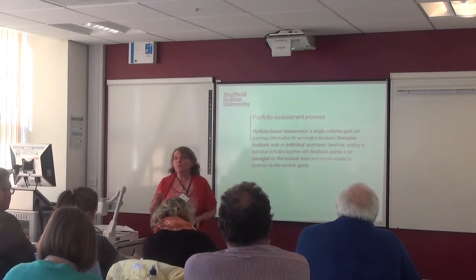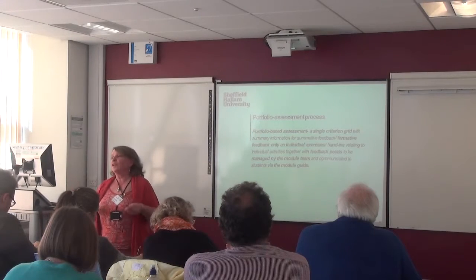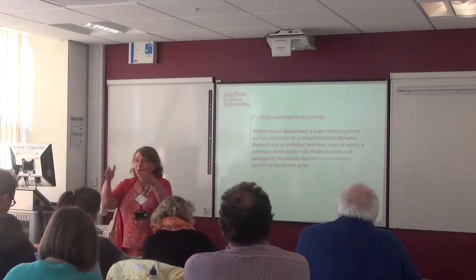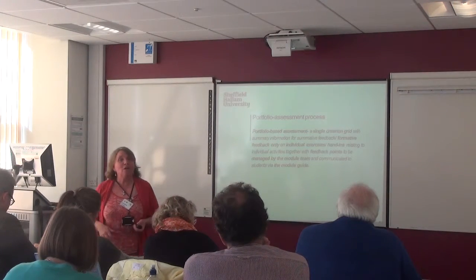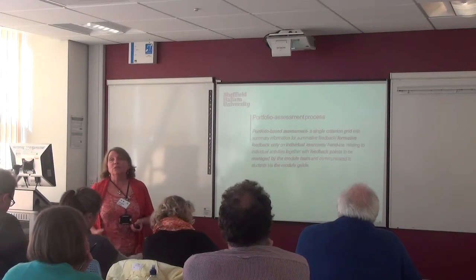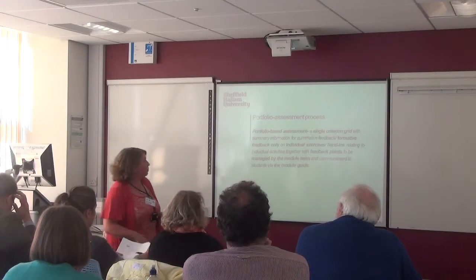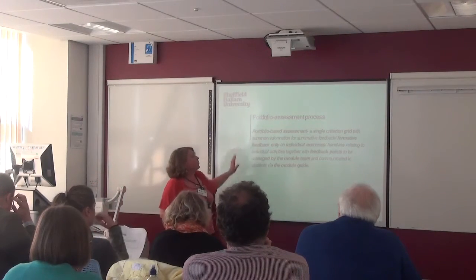And it was one of the things that you could do in order to not get round, but operate within the constraints of a limited number of tasks, is that you can use one assessment task, which is essentially a portfolio. So that's the university definition.